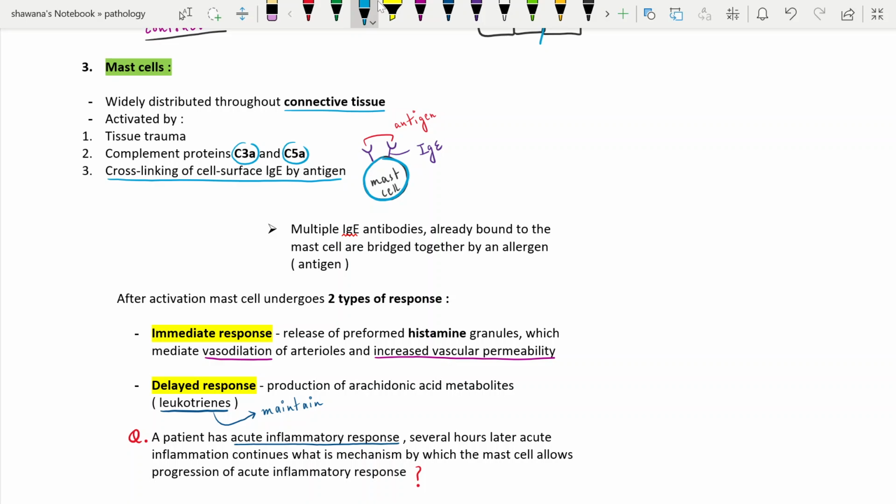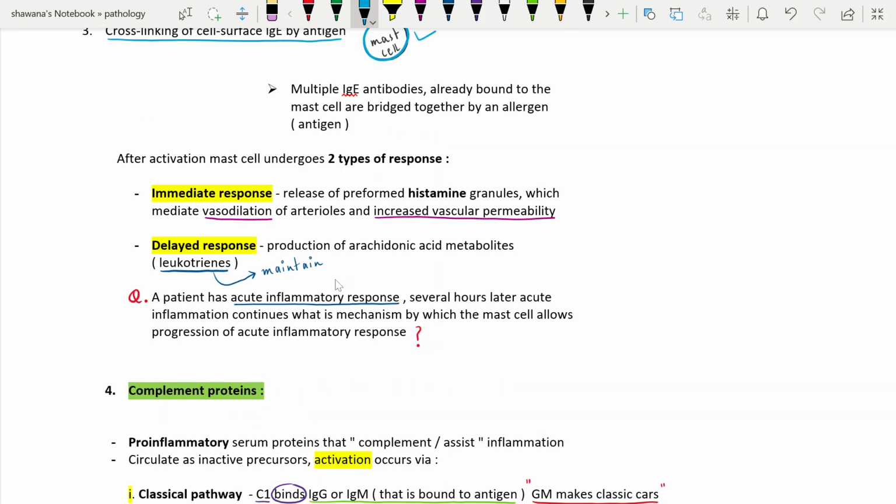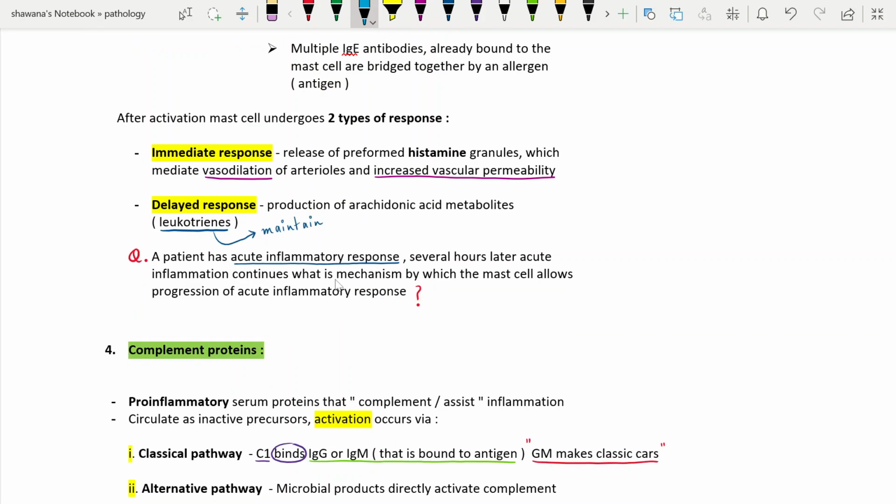After the activation of mast cells, what are the responses or functions of the mast cell? There are two types of responses. First is the immediate and second is the delayed. In the immediate response, they release the preformed histamine granules. And what is the function of histamine? It's very important.